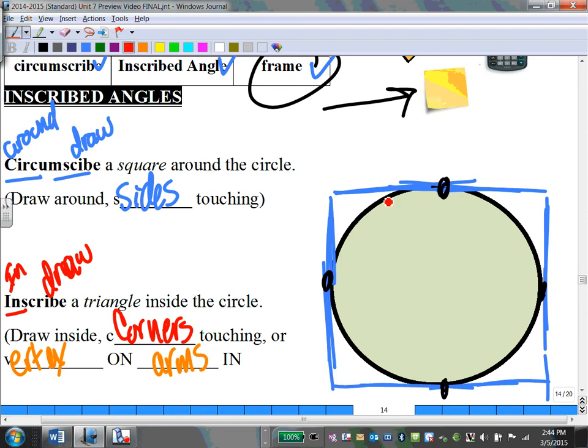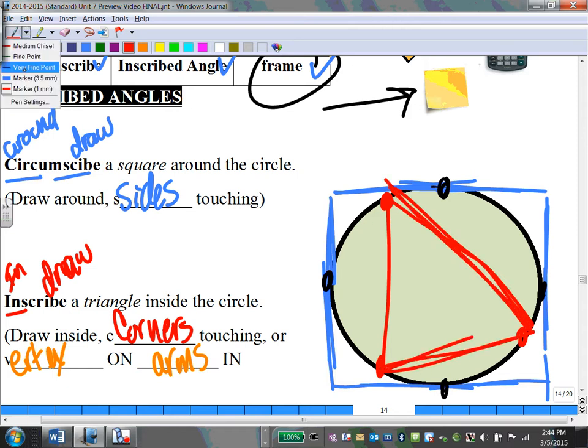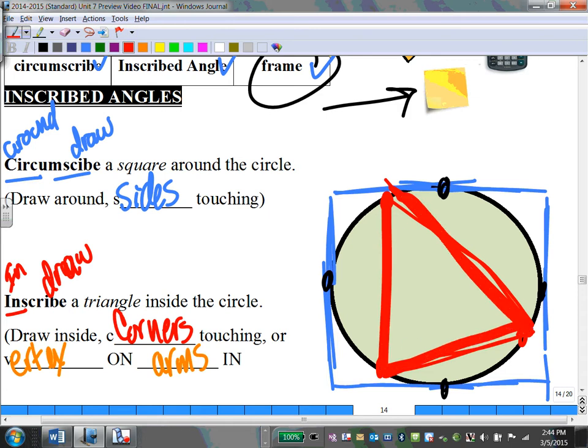That means the vertices of the triangle are on the circle, but the arms of the triangle, if you will, are inside the circle. But the corners have to touch from the inside. That means inscribe. Keep that word, star the word inscribe, because that's actually the main event of today.